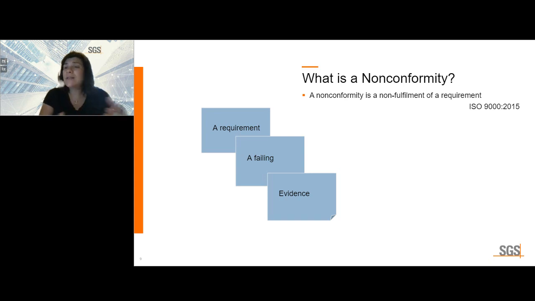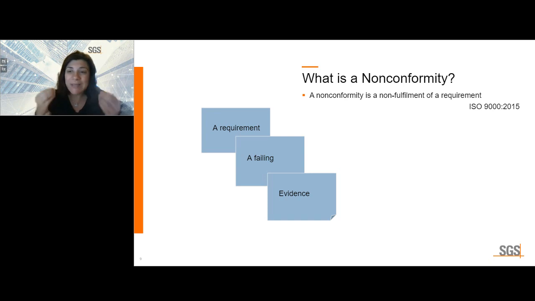Through internal audits or even during day-to-day operations, we notice that we fail to meet a requirement, and we have evidence and proof of that failure. Then and only then can we say that we have a nonconformity. We cannot base a nonconformity on, well, in a previous organization where I used to work, because every company runs slightly differently, even within the same industry.